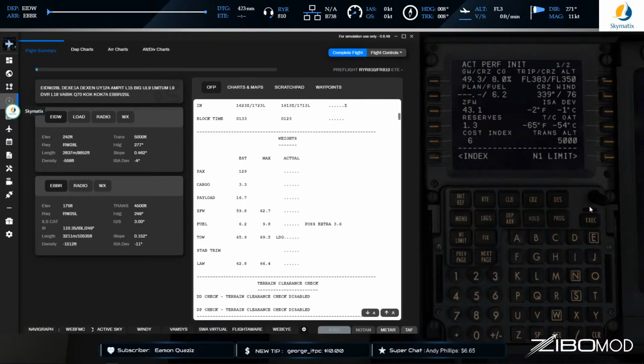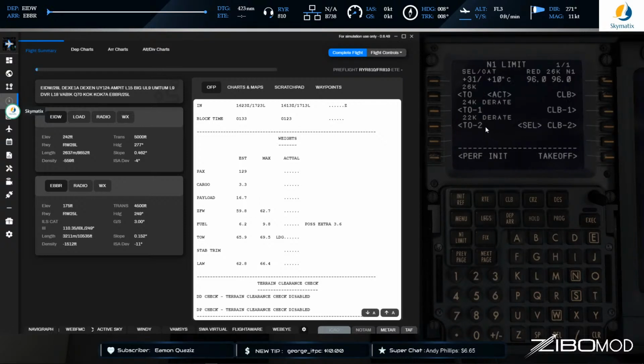Right, so now we just need to wait for the fuel. Okay, no, it's done. So now we can redo this. Zero fuel weight, 59.866. Yeah, that's good. Right, now we can worry about this.